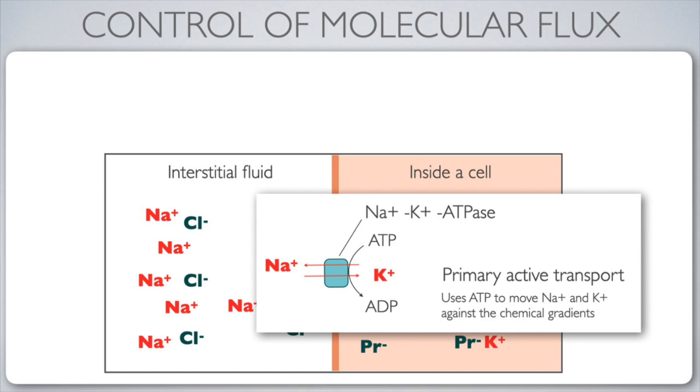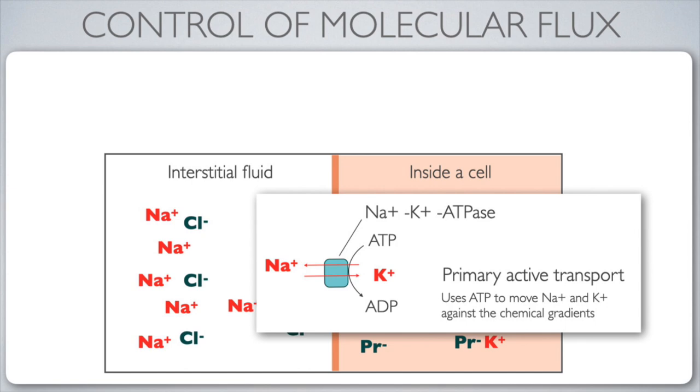And in the process, we transport sodium from the interior of the cell to the exterior. And then we do the opposite. We transport potassium from the exterior and stuff it into the interior of the cell. Because we're moving against the chemical concentration gradients, that process requires energy. And that energy is harnessed by this transmembrane protein known as sodium potassium ATPase.